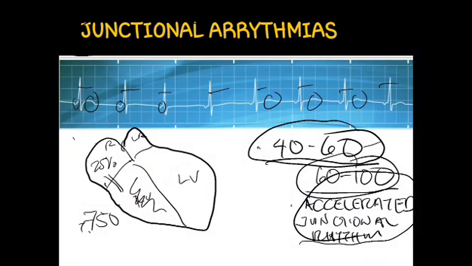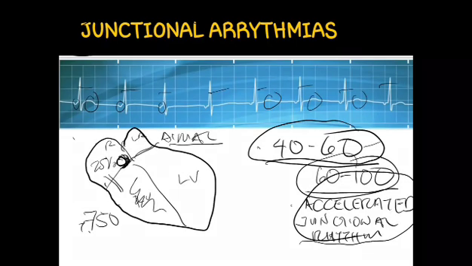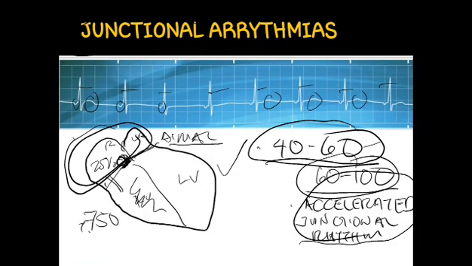Considering that the impulses now come from the AV node, from the area surrounding the AV node, which is your atrial junction, there is a possibility that the atrium will not contract, but only the ventricles will contract.